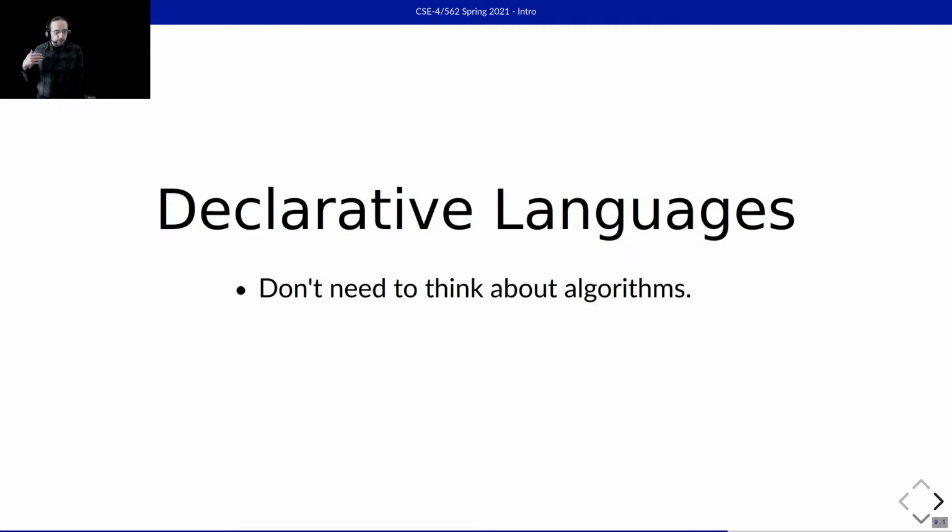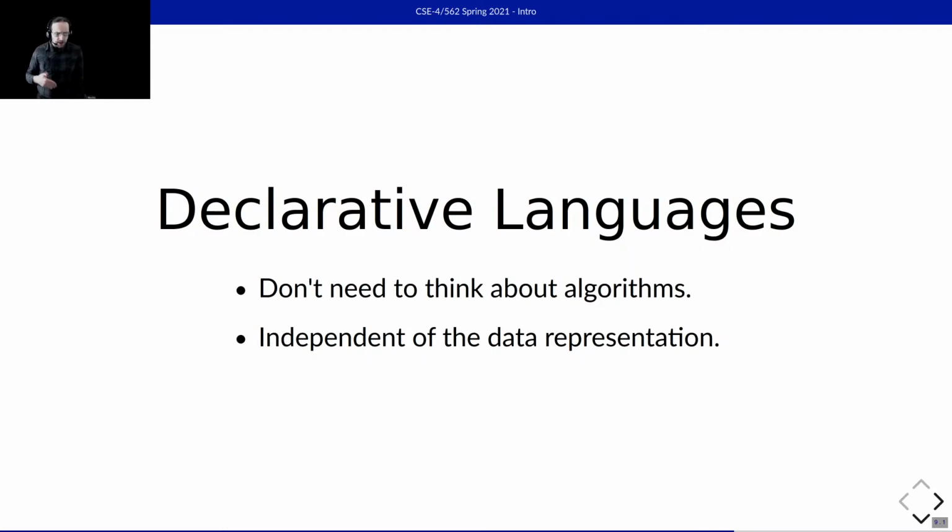It's one fewer thing to worry about and lets you focus on the specific questions you're trying to answer. But more importantly, it decouples the query from the underlying data representation.